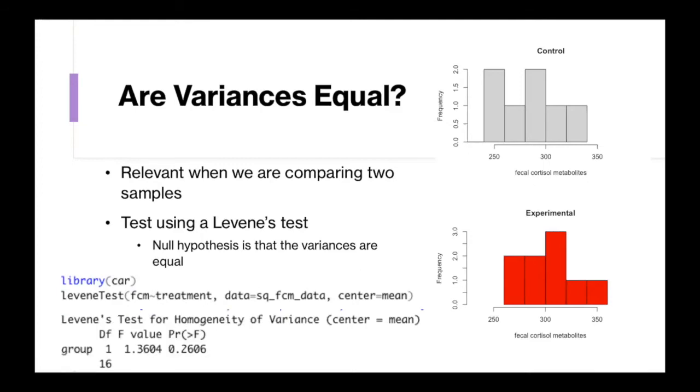And what we found from this Levene's test then is that the p-value was greater than 0.05, and so we do not reject our null hypothesis that the variances are equal. So this Levene's test then could tell us that we met this assumption of equal variances and that we can proceed with our two-sample t-test.